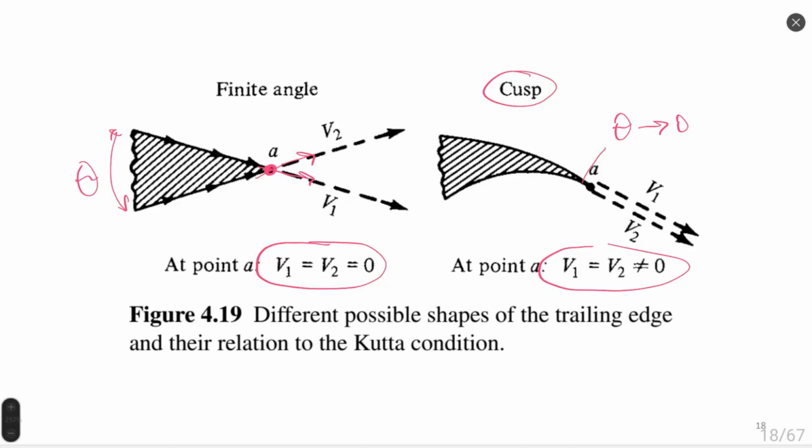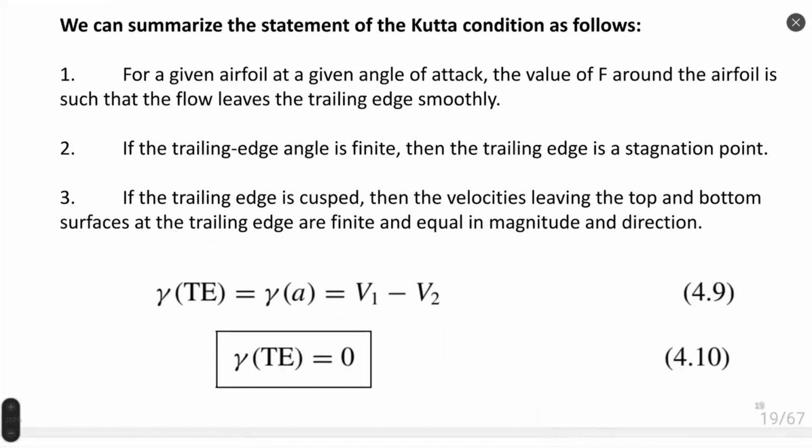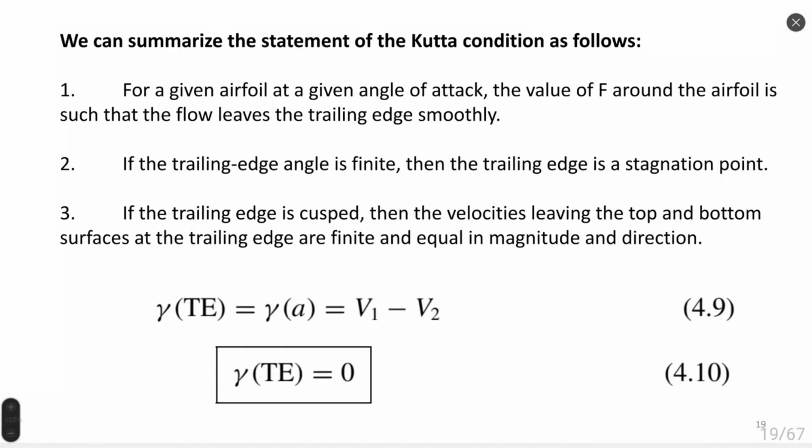Both of these observations, when we apply to previous definition of gamma as a difference between velocity on the top and on the bottom on our vortex sheet, this velocity difference is a function of gamma. Since in case A, velocities are equal and equal to 0 in a finite angle case, so gamma will be always also equal to 0.